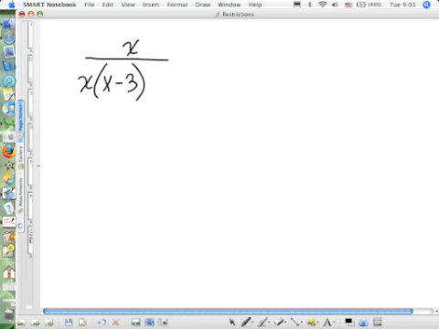How many times does the letter X show up in the denominator of this fraction? Twice. So you have a possibility of 2 different restrictions. Now there's also an X in the numerator. Does that matter? Doesn't matter. All right, so let's focus first. This is something times something. If it's X, don't they all have to be the same thing?